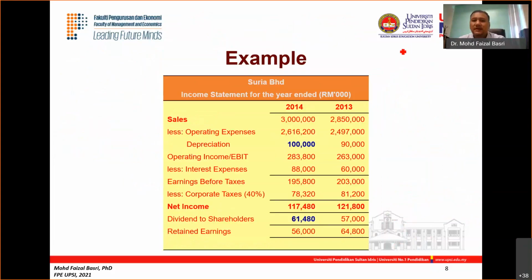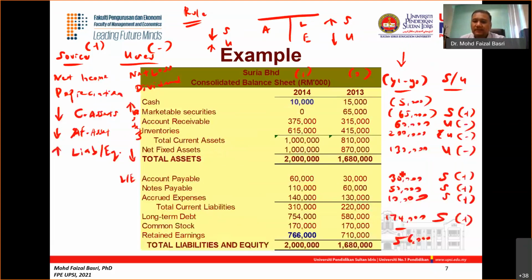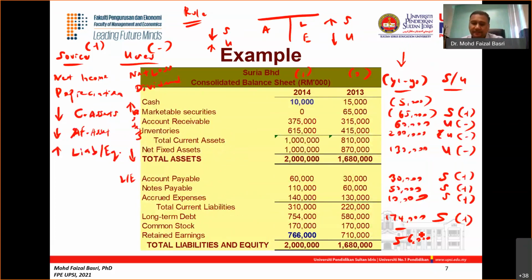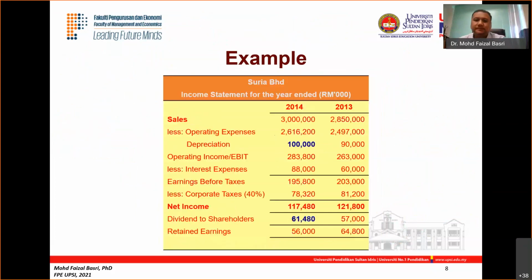So this would be our income statement. Okay, fine, 56,000. This is basically from here. But anyway, bear with me.